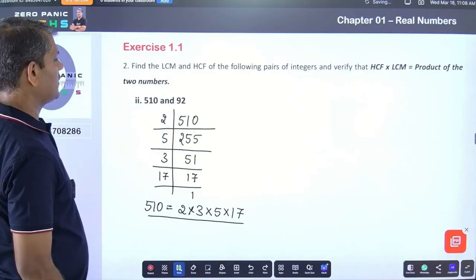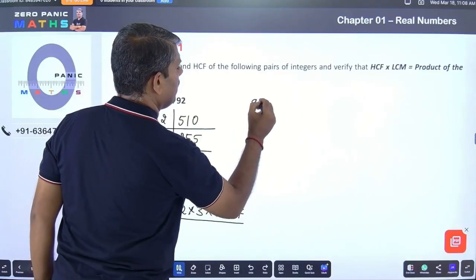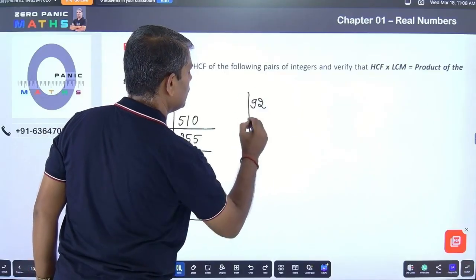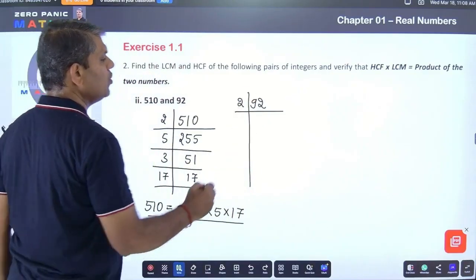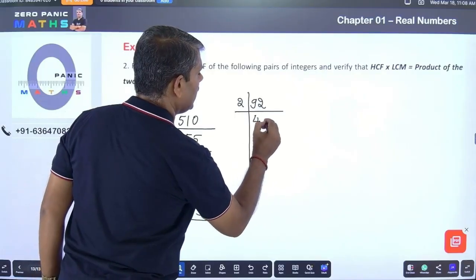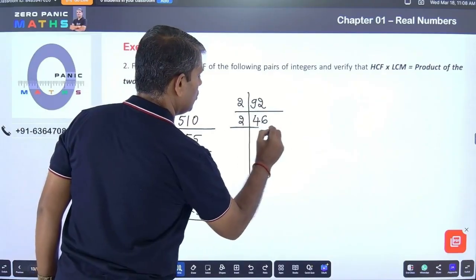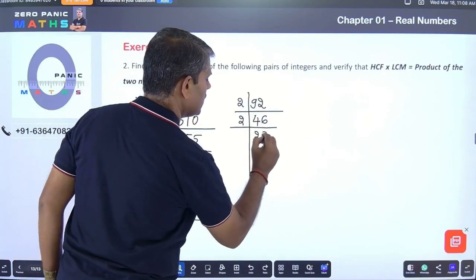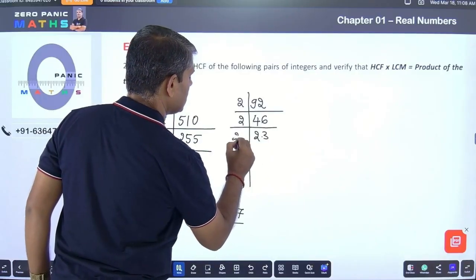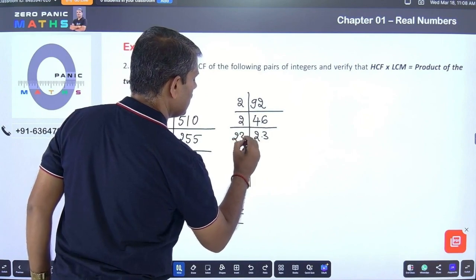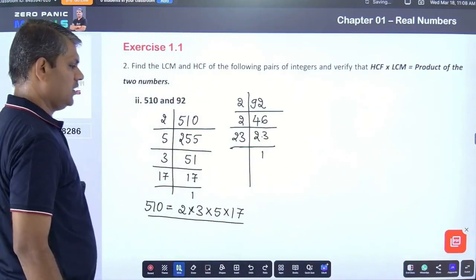Okay, let us highlight this. Now similarly I'll go with the prime factorization of 92. Okay, start with 2. 2 4s are 8, 2 6s are 12, 2 2s are 4, 2 3s are 6. Since 23 itself is a prime number, 23 1s are 23.